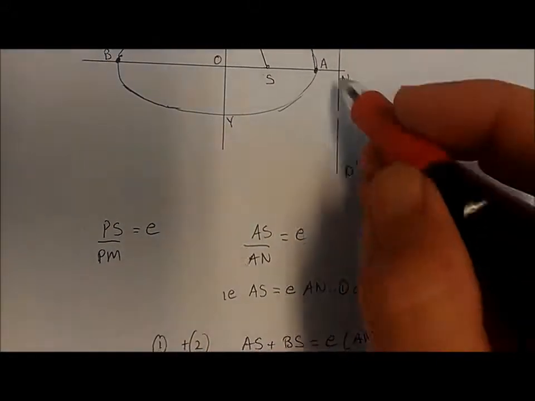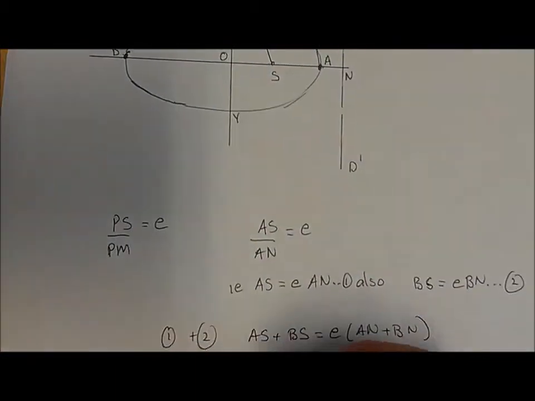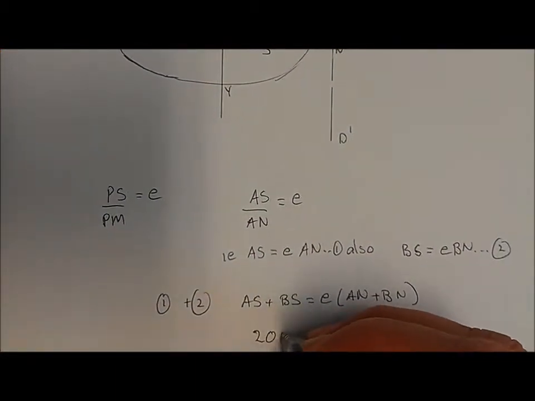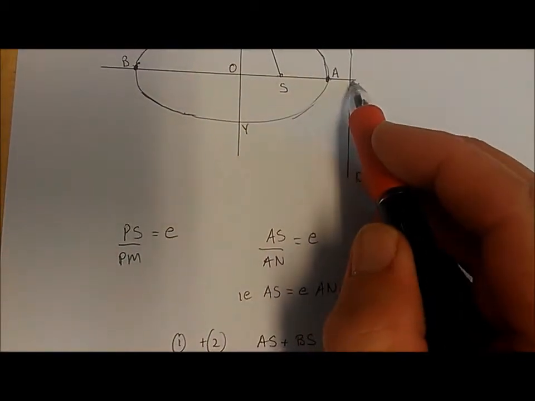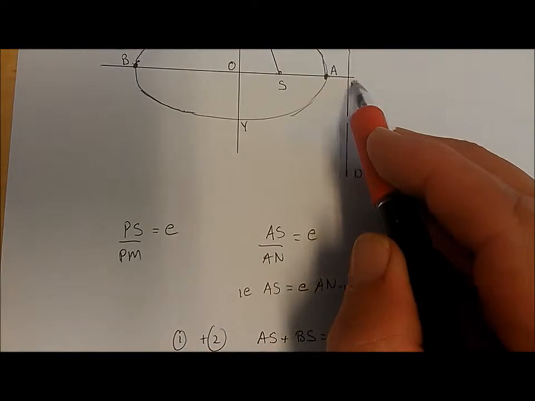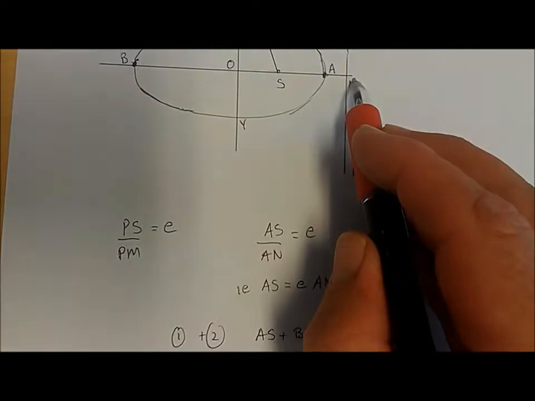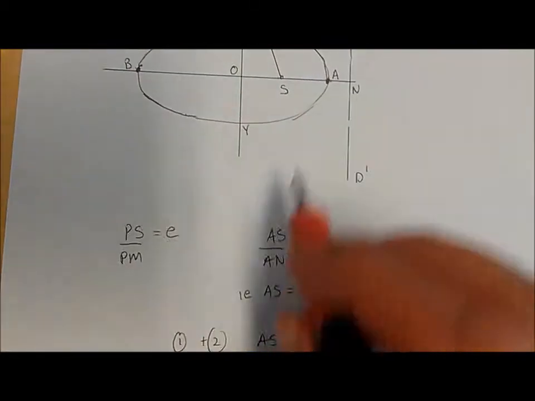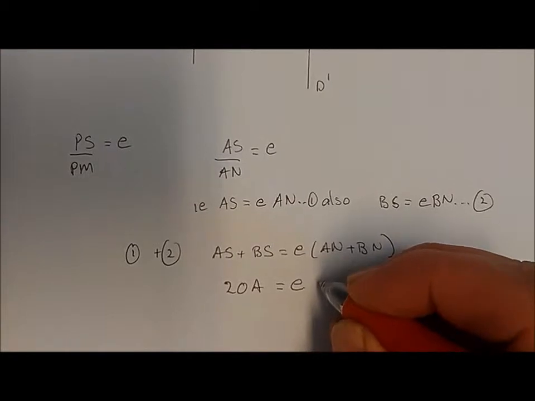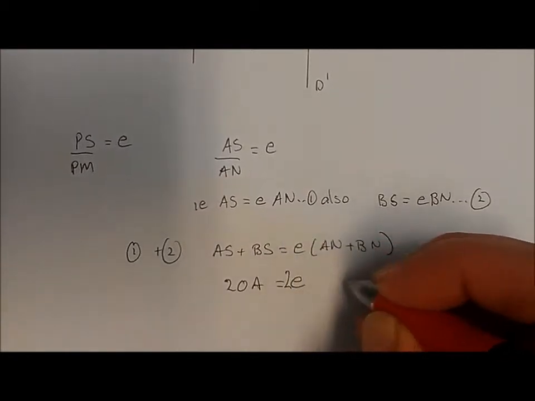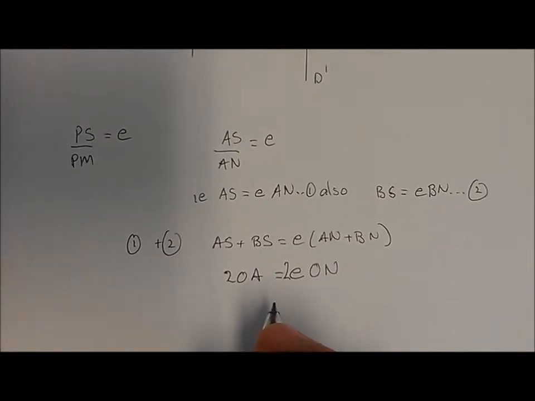If we come back up here, and if I've added AS and I've added the BS on, then what I've got is 2 times this distance. So I've got 2 lots of OA is equal to E lots of, now AN plus BN is 2 lots of ON. I've got AN and I've got BN, so I've got 2 lots of ON. So I've got 2 OA is equal to E lots of, I'll actually put the 2 out there, 2EON, 2 lots of ON.